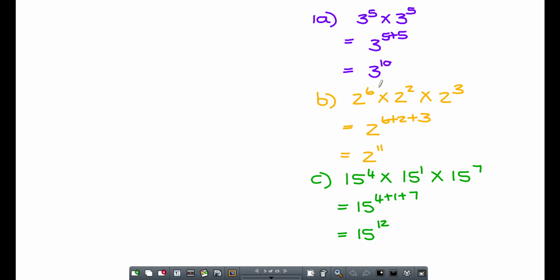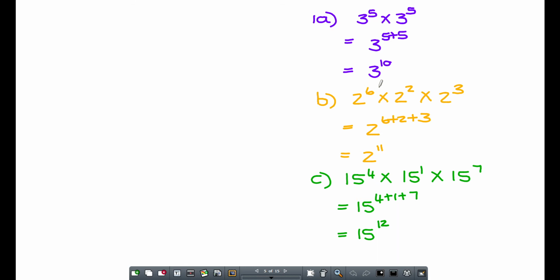Long method, just to make you see it maybe from a different perspective. And I'm not going to write that there because I've got space. 3 to the power 5 times 3 to the power 5. That is 3 multiplied with itself 5 times. So that's the same as 3 times 3. And you guys know a dot means multiplying, eh? Okay, so 1, 2, 3, 4, 5.